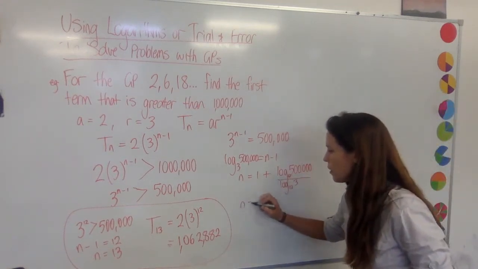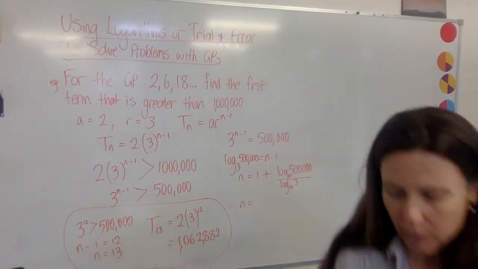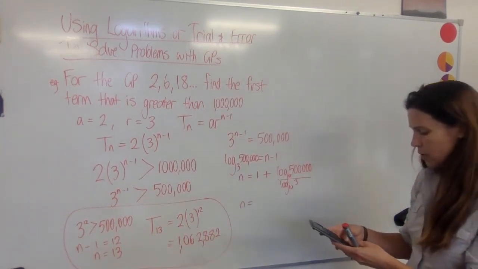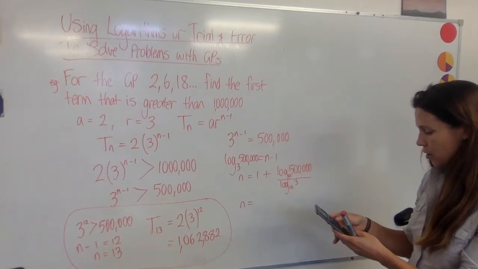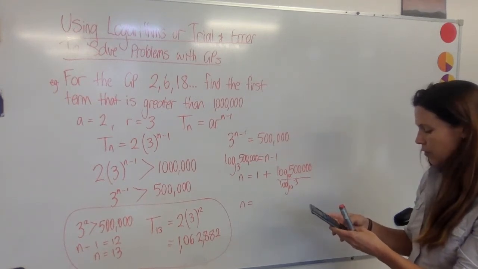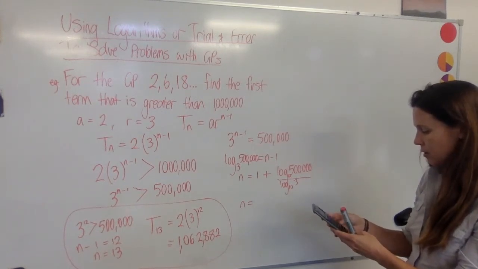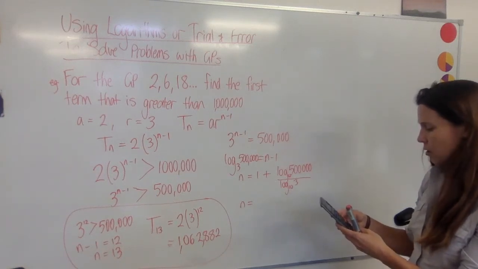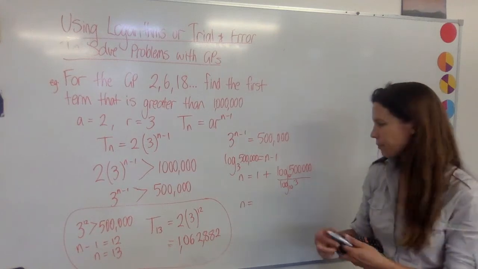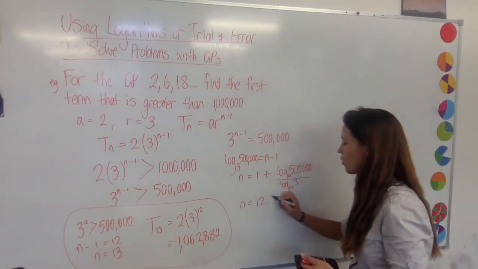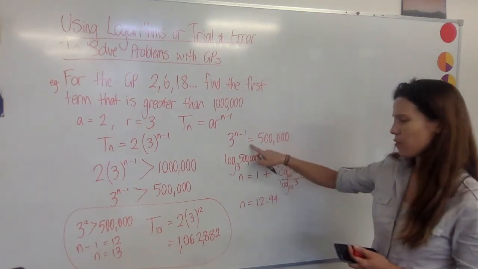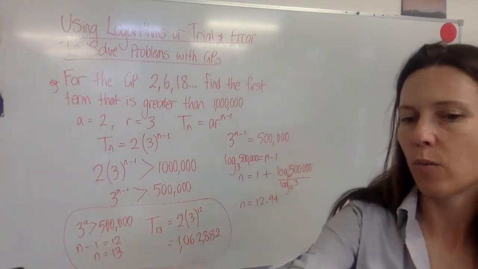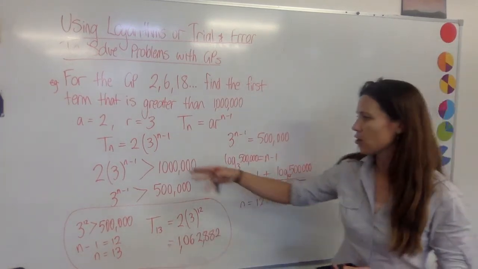Now, what you're going to come up with here, let's put it into our calculator to see. We've got 1 plus giant fraction log of 500,000 over the log of 3 equals 12.94. Now, when you come up with that answer 12.94, that's proof it was equal to. Now, we want to find one that is greater.